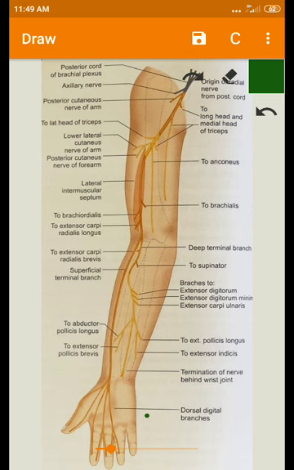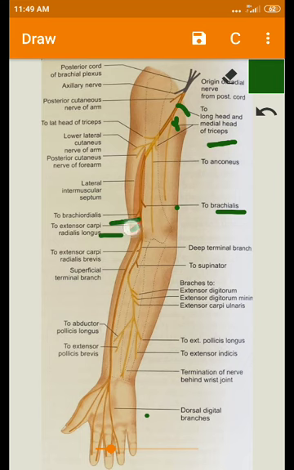It also has some muscular branches. It supplies the brachialis, and also some branches to the triceps: the long head and the medial head of triceps. These are the two branches. It is also giving branches to the brachioradialis and extensor carpi radialis longus.